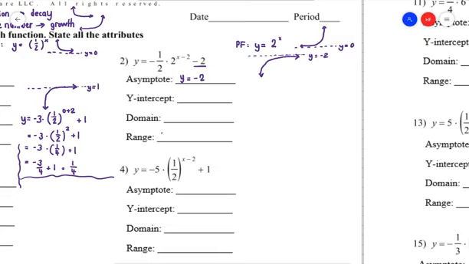So that changes my range to be everything less than -2. The domain, we're going to hit every single x value eventually. And then the y-intercept.